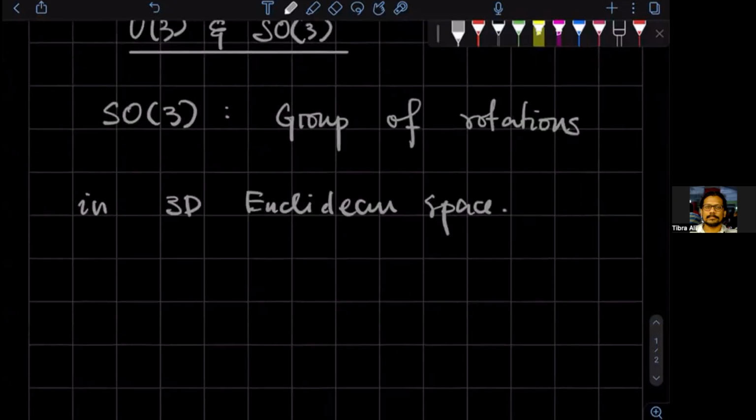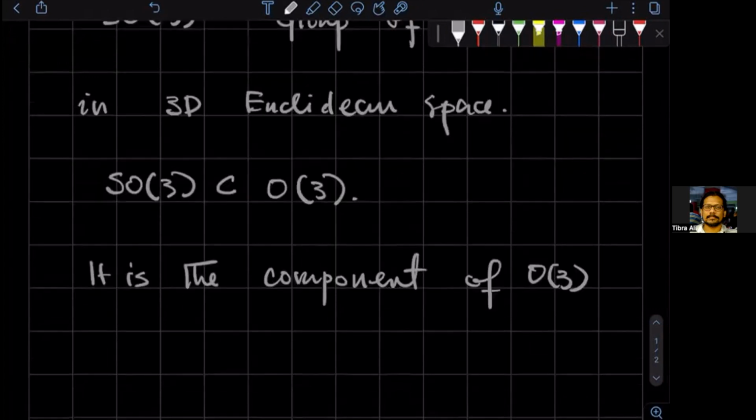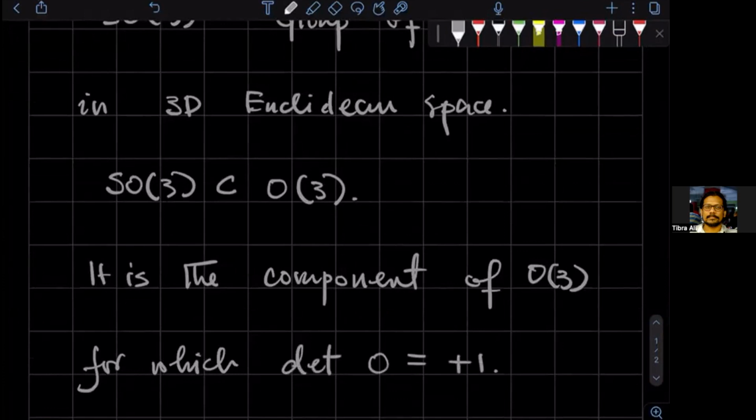But it also is a subgroup. So SO3 is also a subgroup of O3. And I've claimed that, well, it's a definition that SO3 is the component of O3 for which all the determinants are +1, right?